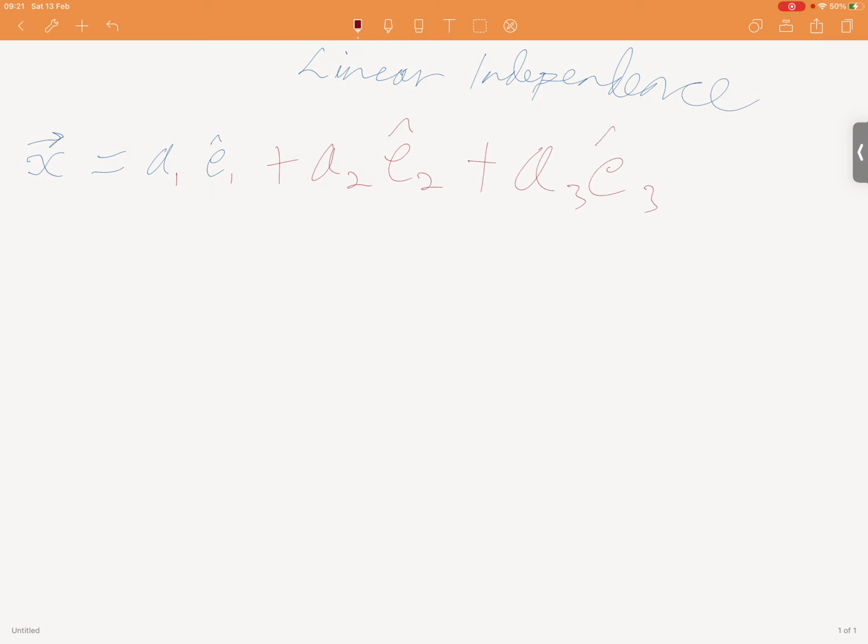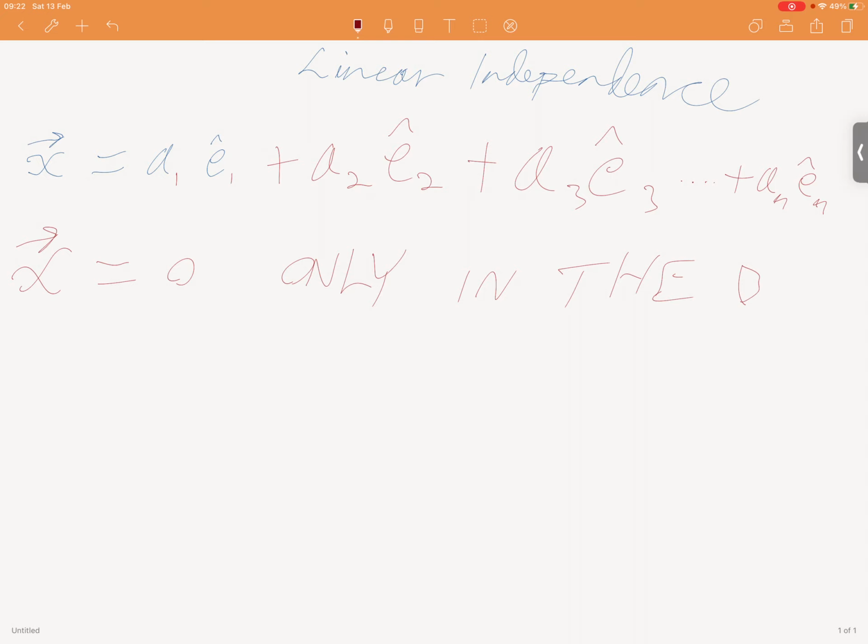Let's say this is three-dimensional, but it can carry on to en hat, or you can use capital letters, which is nicer. So why is it that we say a vector is only linearly independent when this condition is satisfied only in the boring case?